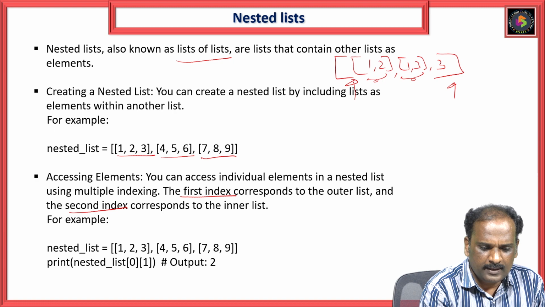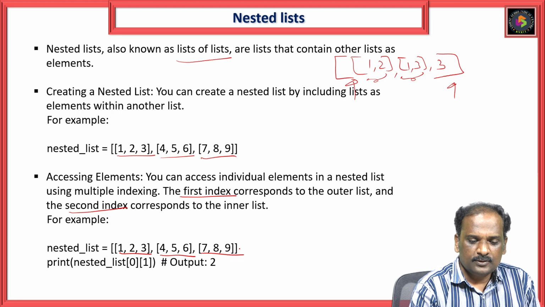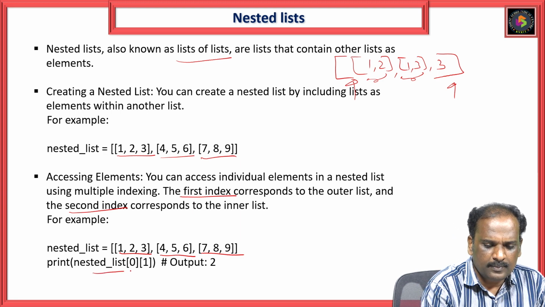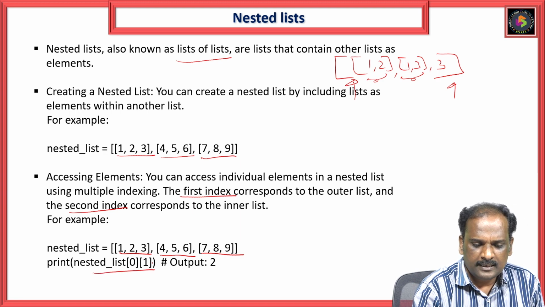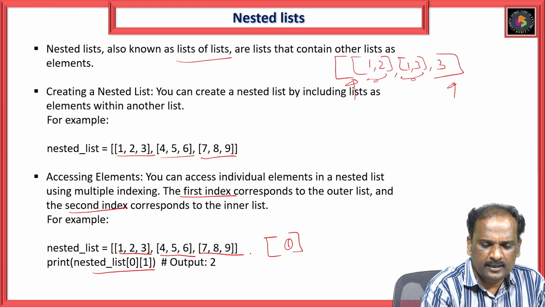For example, here the nested list is containing 1, 2, 3 as a sublist, 4, 5, 6 as another sublist, 7, 8, 9 as another sublist. So here, if I display by using two subscripts, nested list of 0. What does the first outer subscript denote? The nested list of 0 denotes this set of elements.